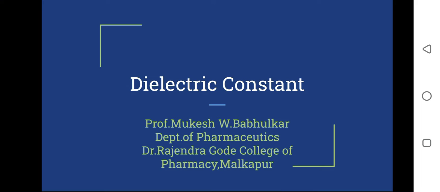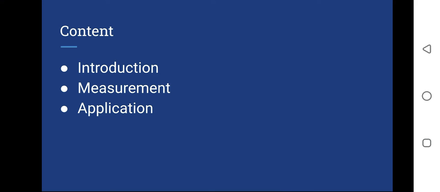Today we will discuss a very important physical property called the dielectric constant. In this presentation, we will discuss the introduction to the dielectric constant, what it is, how to measure it, and what its applications are.